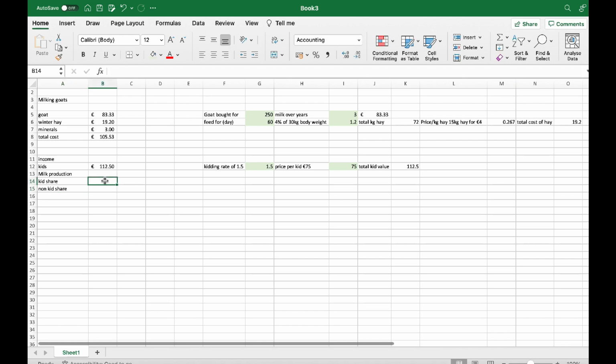With the kid share, now I like to milk for about 200 days in the year. That's like 6.5 months. I think that's fair on the goats. It's about as much work as I want to do if I was going to milk. Now this number can be anything you want. You can keep a goat lactating for quite a long time. So with the kid share, you can get 1 litre per day for 200 days. So that's going to be based on one.